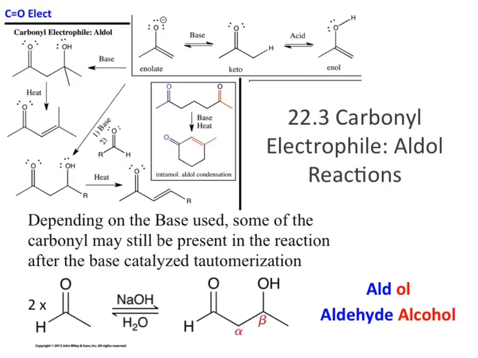If we take two of those and we run it under the same basic conditions that we've been running in other cases, we note that those two aldehydes can react with each other, add with each other, and they form that product. When we look at that product, what functional groups do we have? We have the aldehyde, and we have the alcohol functional group.